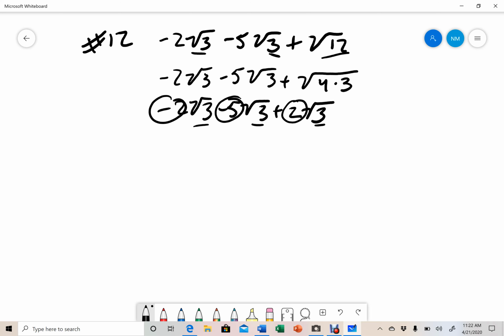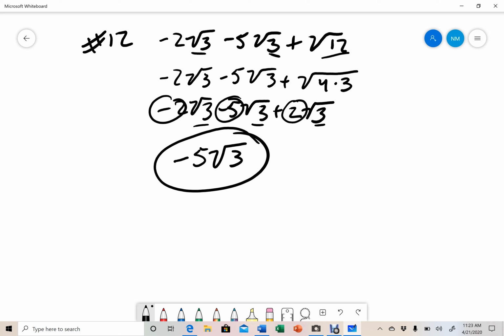So -2 plus a -5 plus a +2. Okay, that would give me negative 5, and the square root of 3. And that's my answer. Okay, so number 12 is similar to this setup here.